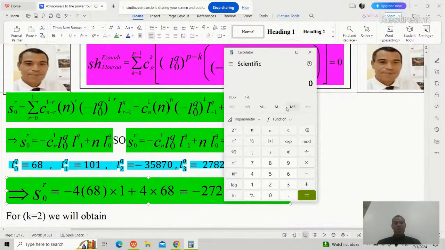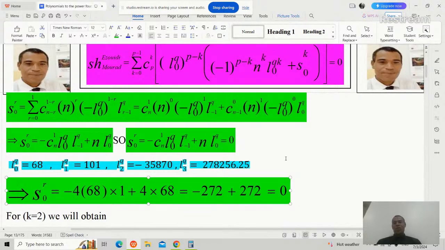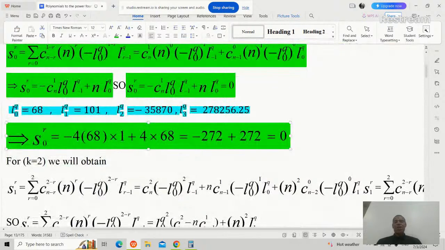Therefore, I'll just write it like that: negative 4 times 68 times 1 plus 4 times 68 is equal to 0. Therefore, S0 of order r is always equal to 0. For any polynomial that you are going to work with, the value of S0 of order r is 0. Of course, we are going to use this formula.